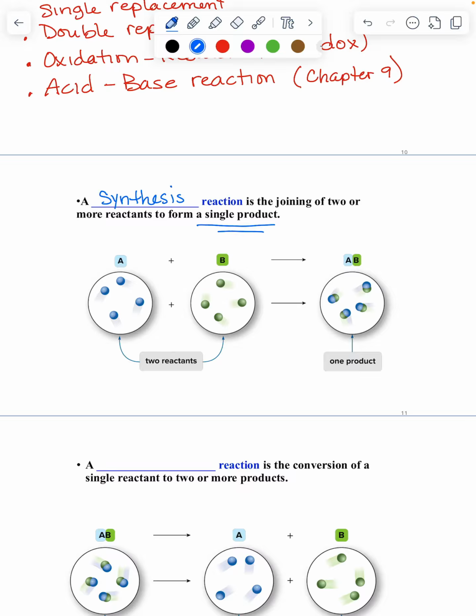You're going to have two or more reactants. These reactants could be elements, they could be compounds, but you will always only get one product. Here they have the simple pattern, A plus B produces a new compound that we'll call AB. This is a nice pattern to memorize.